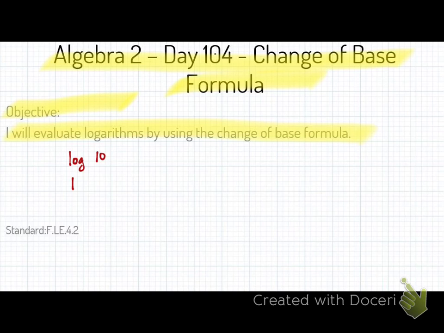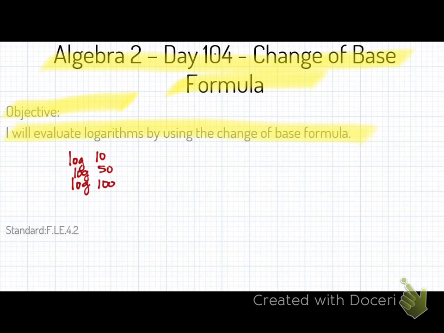The base here is 10, remember? This is a common log. What's the common log of 100 then? 2, right? And yesterday we talked about the common log of 50, and we predicted it was going to be like 1.5, right?